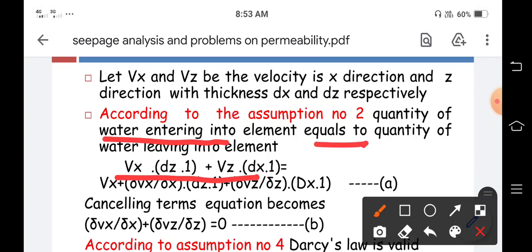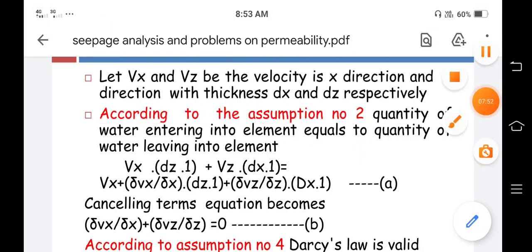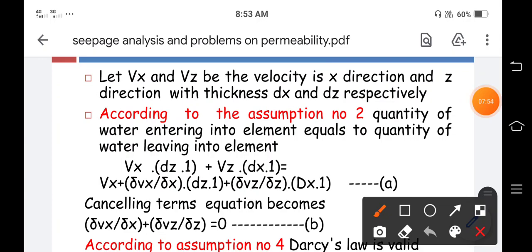That is phi x plus dvx upon dx into delta z into 1, the same way, we only multiply by that area, plus another direction, that is delta vz upon delta z into delta x into 1. So here it is delta x into 1, okay.